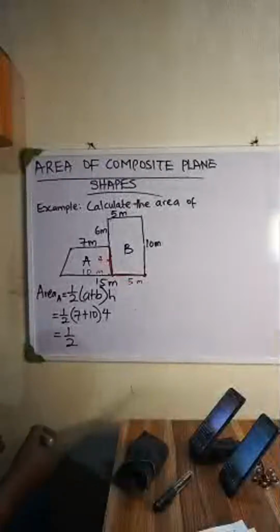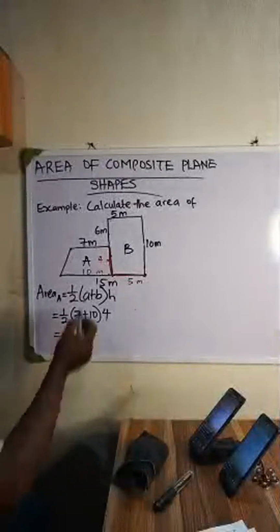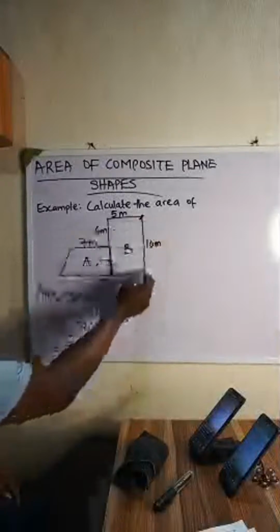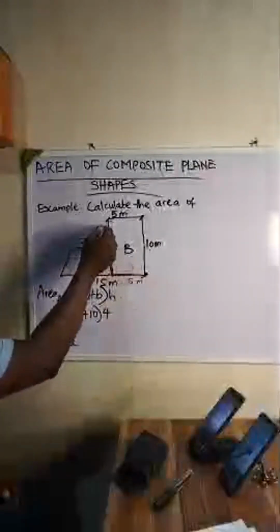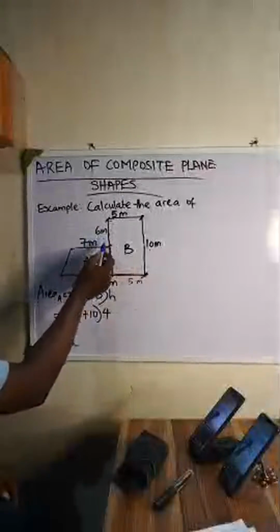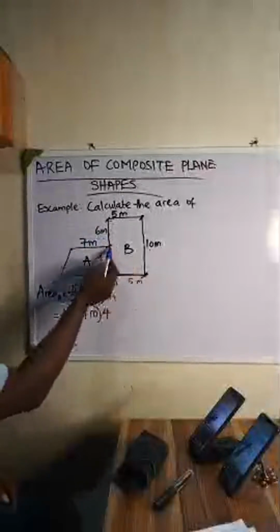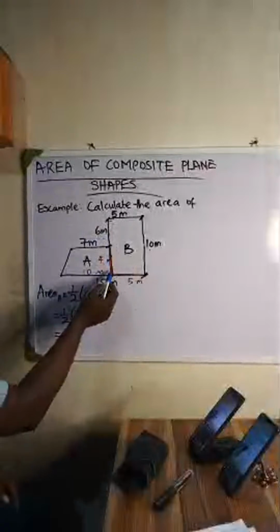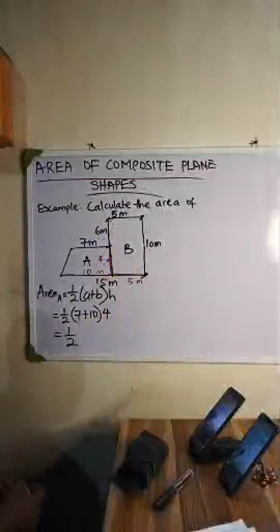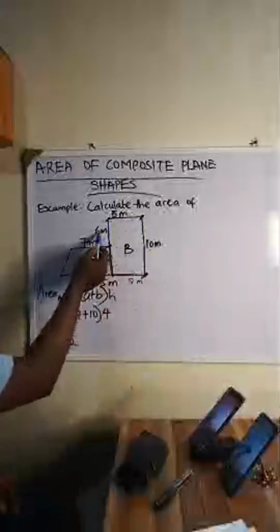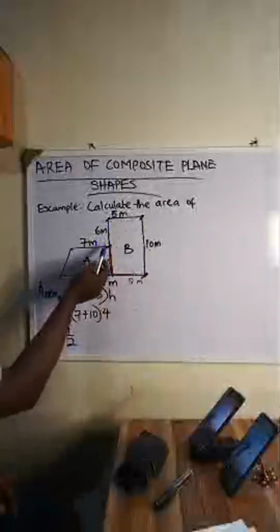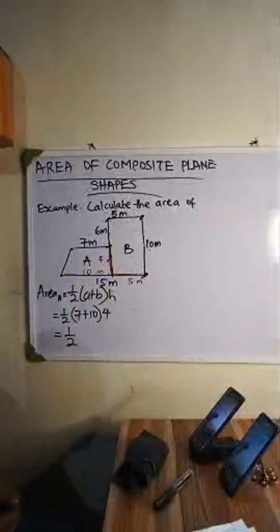Somebody's asking how did I get 4? The distance from here to here is 10. The distance from here to here is 6. That means this remaining distance is going to be 4 meters, right? So from here to here is 10 meters, from here to here is 6 meters, and this remaining one is going to be 4 meters.